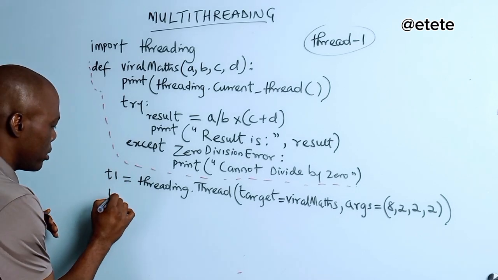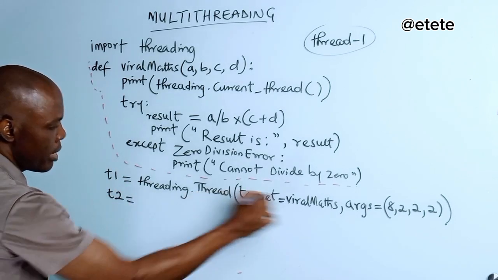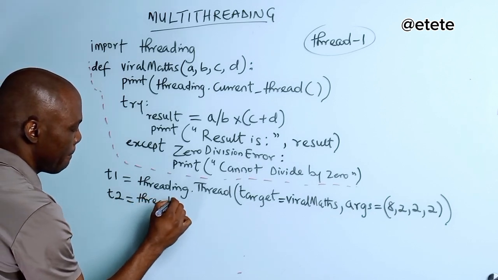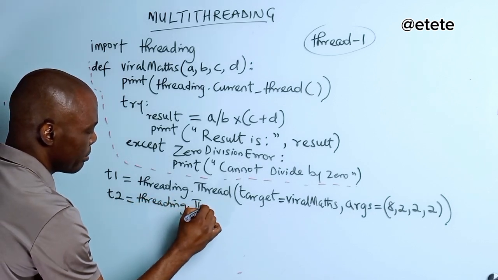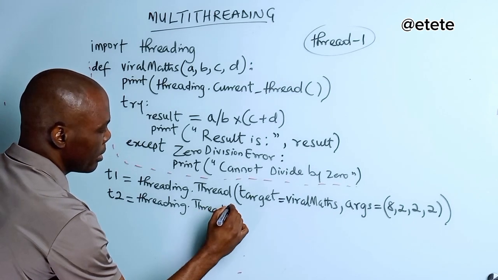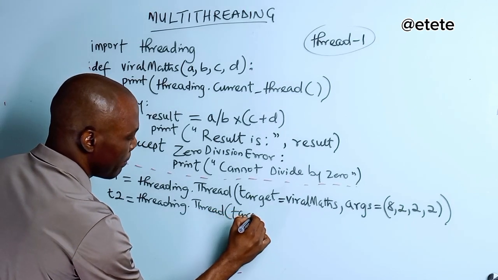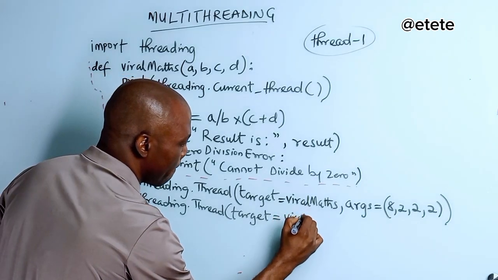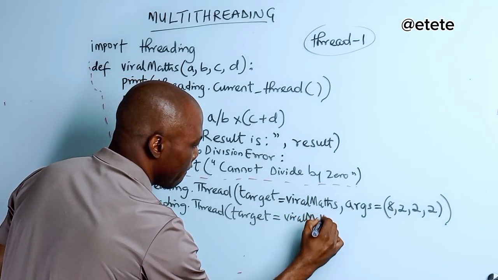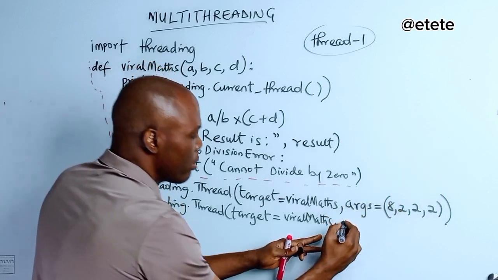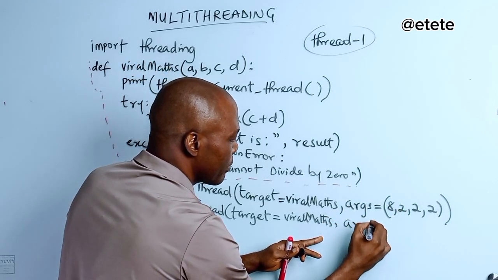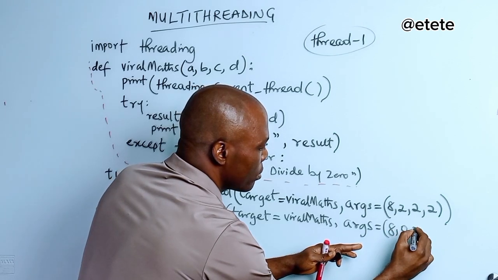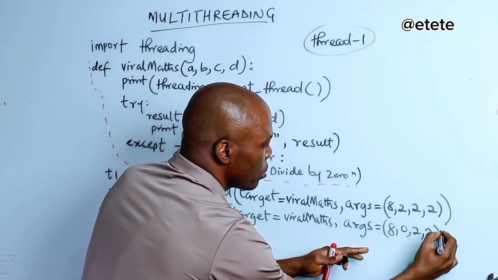Now I'm going to create the second thread, which is T2. I will repeat the same line: threading.Thread, then target will still be the viral math. Then args, I will supply 8, 0, 2, 2.